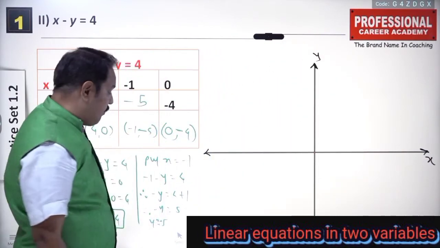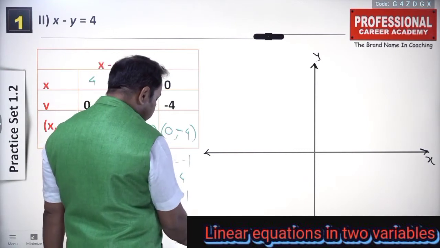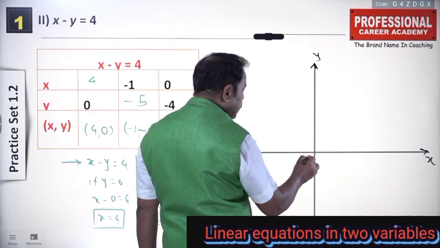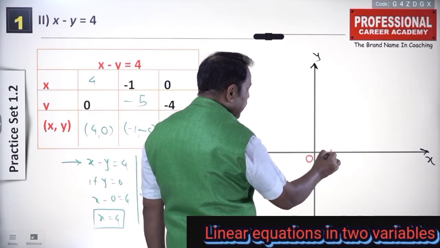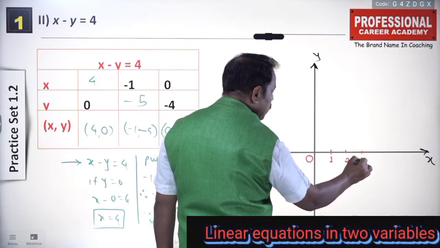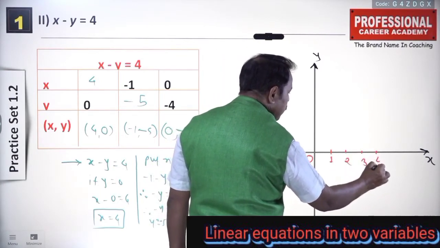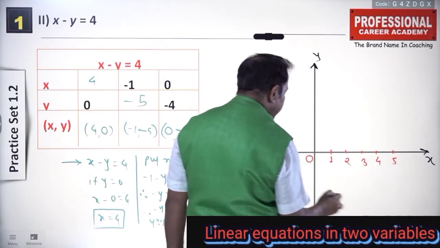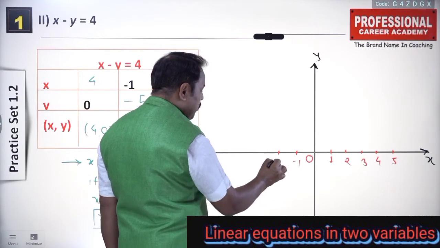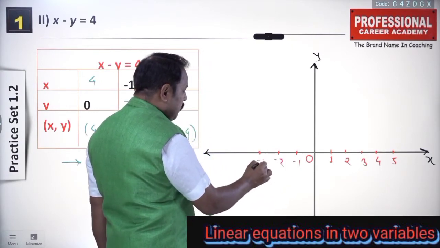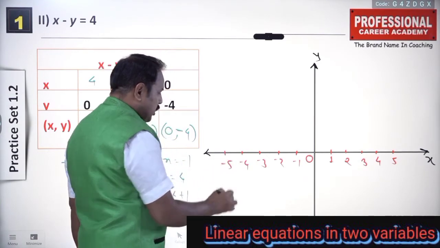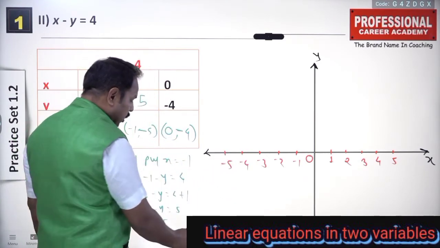We are plotting the graph. Okay, now plot the points. Before that, mark the coordinates. Suppose this is 0, the origin. Let it be 1, 2, 3, 4, 5, etc. On the left hand side, -1, -2, -3, -4, -5, like that. This is for the x-axis.